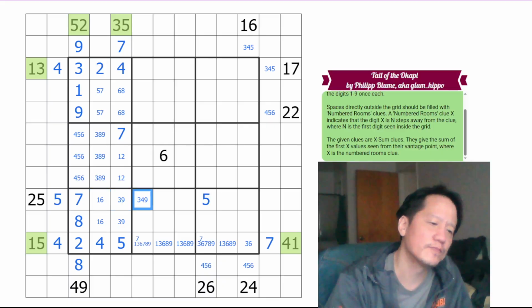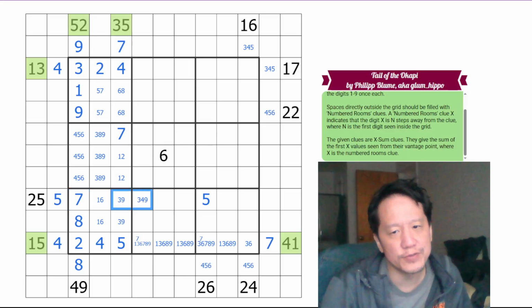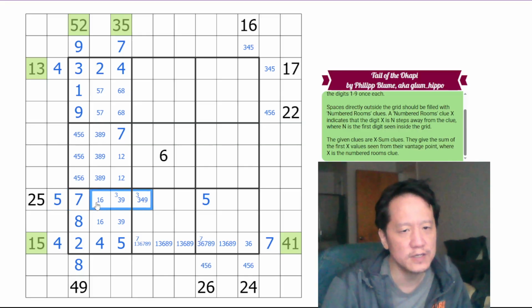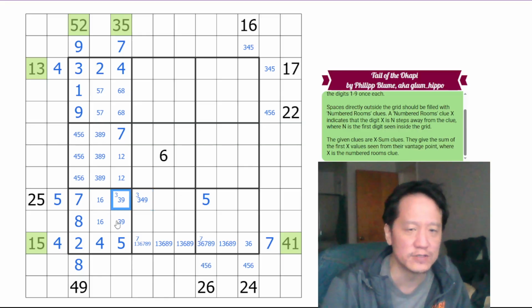Right. So either way, we know 3 has to be one of these two. Right? Because 5, 7, this is 5. So 5, 7 is 12, plus 1, 3, 9 is 13. 6, 3, and 4 add up to 13. 6, 9 already add up to 15, so that's not valid.